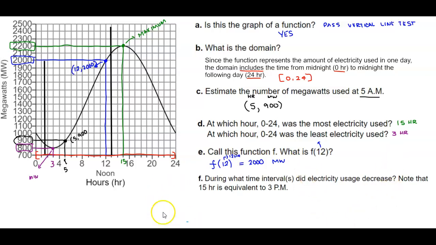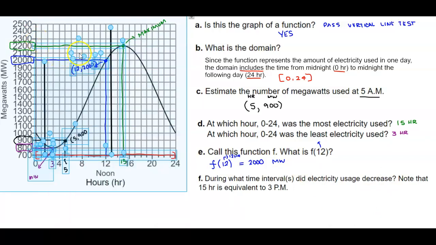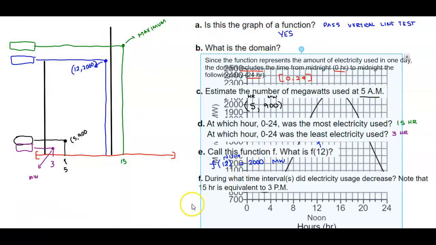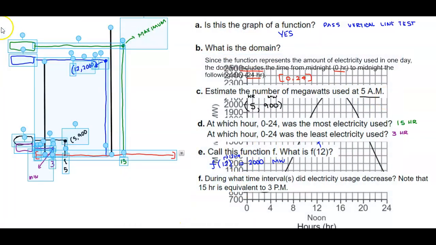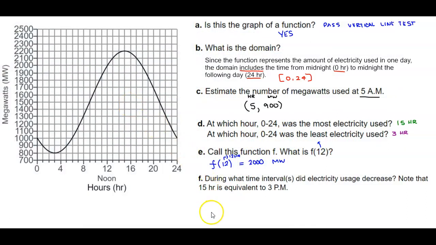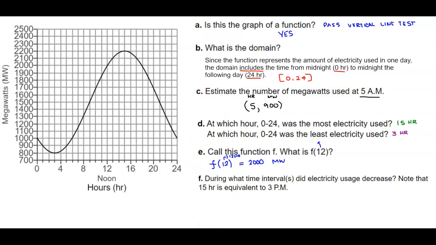So I'm going to clear some of this information here so we can have a clear state. So what we're doing is trying to figure out where it decreased, and then we also want to see where it increased.